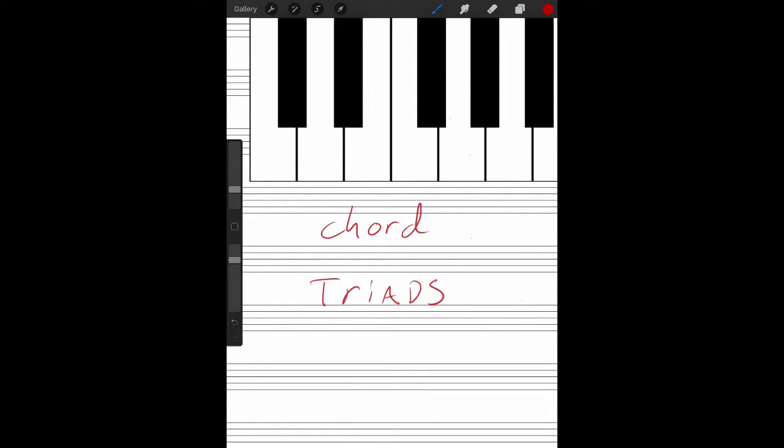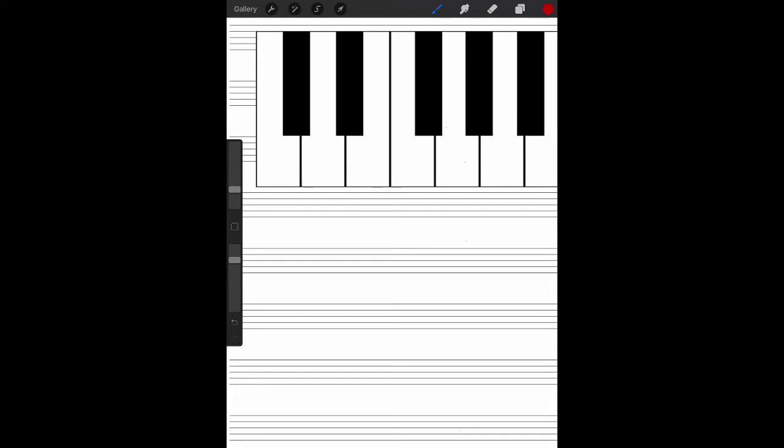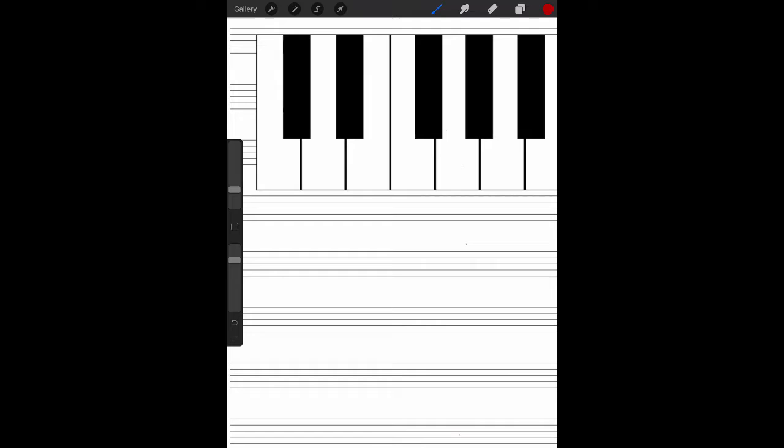Triads are three-note chords, and they consist of the 1, the 3, and the 5. You might also hear this first note called the root, or the fundamental note of the chord. So if we're looking at a C major scale, C, D, E, F, G, A, B, and back to C, we're going to take the first, the root, the third, and the fifth, which will give us our C major triad.